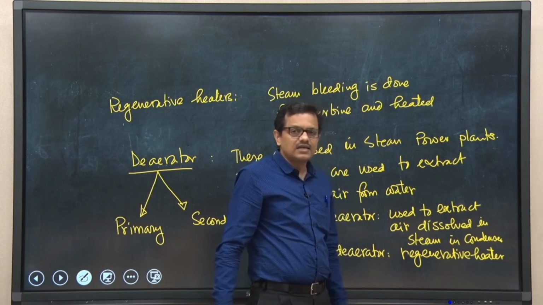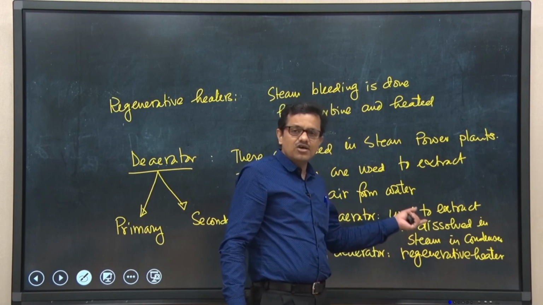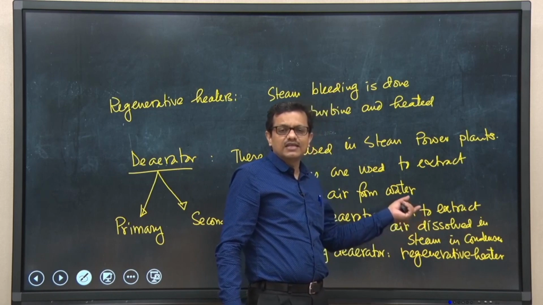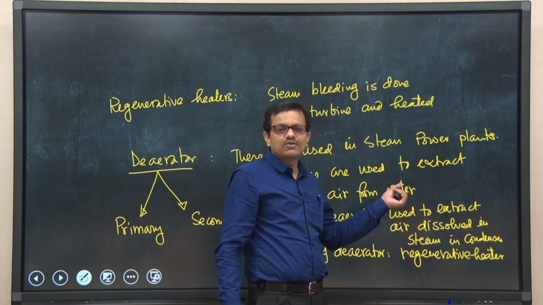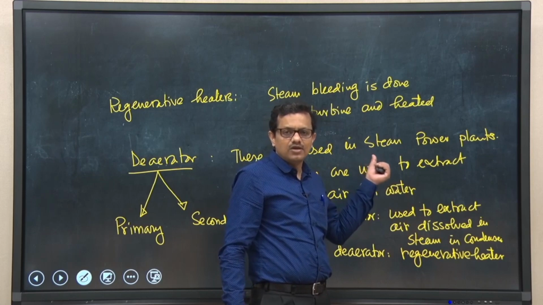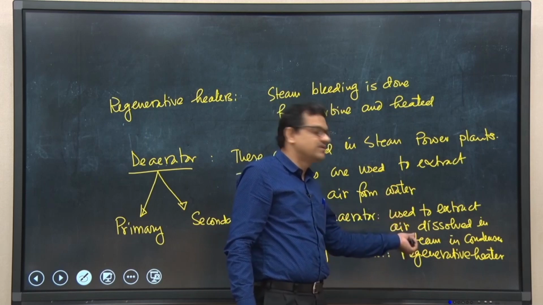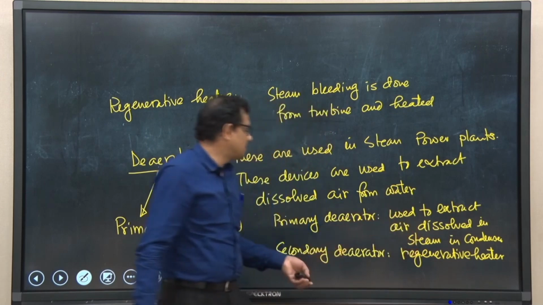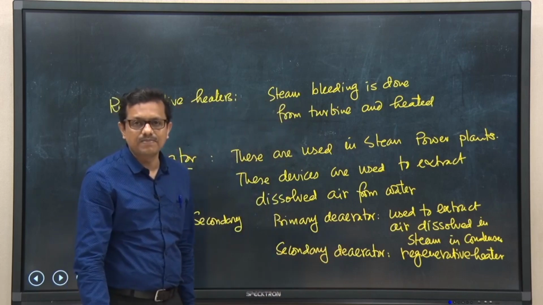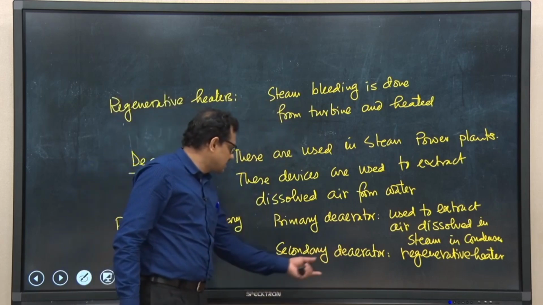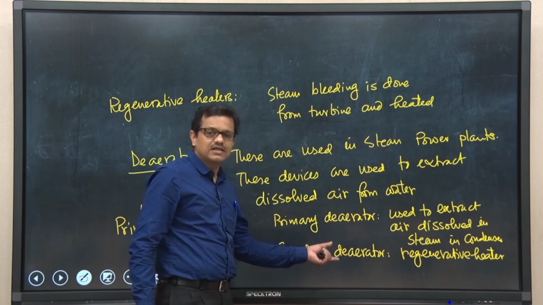And not only that, if air dissolves in the condensate, that will again create a problem when that condensate is pumped back to the boiler. So, our objective should be to remove air which is dissolved in steam in the condenser, and primary deaerators are used to serve that particular purpose. And the secondary deaerator is basically a regenerative heater.